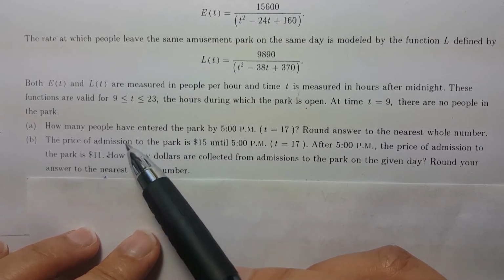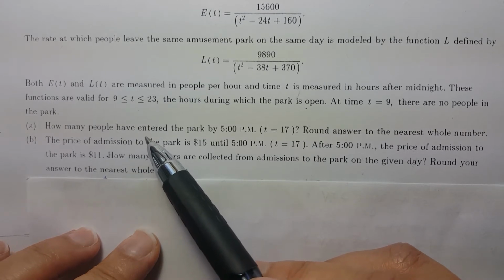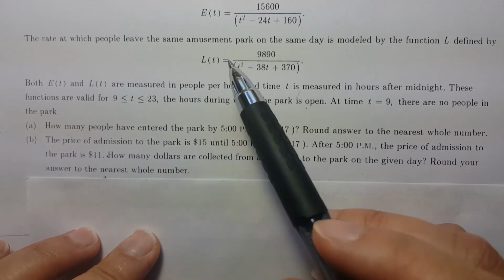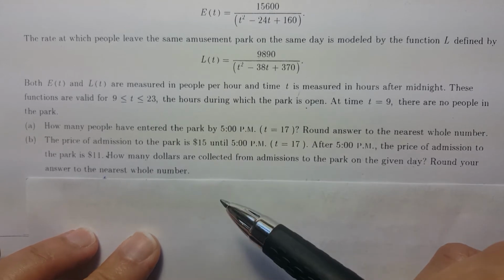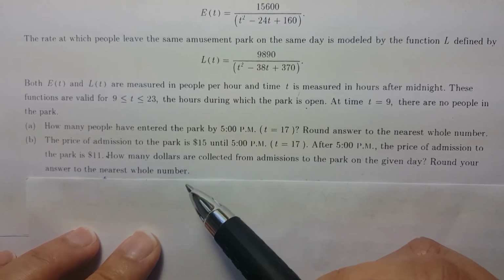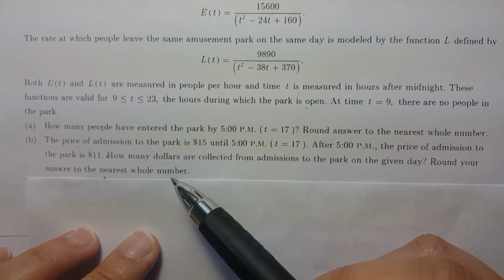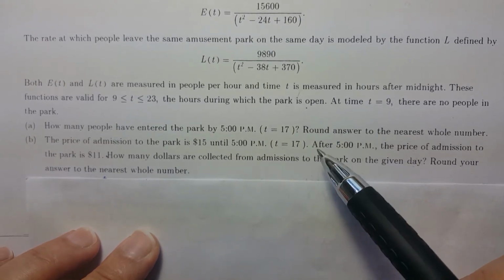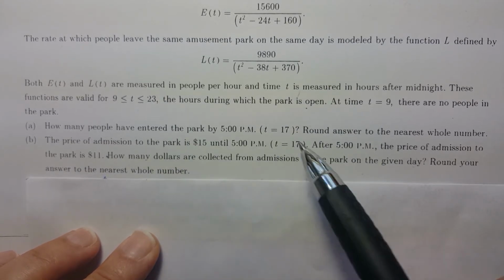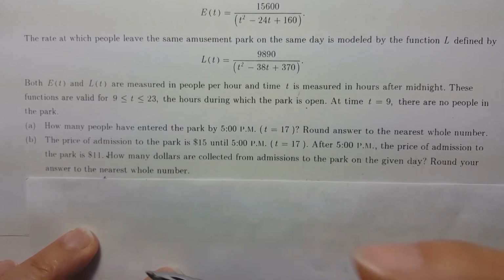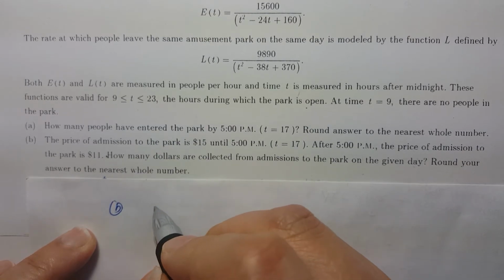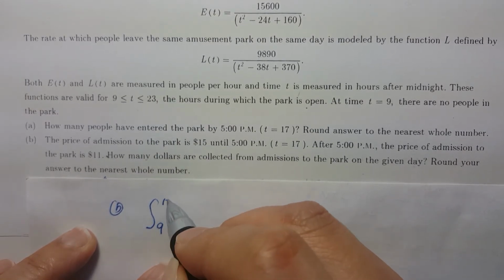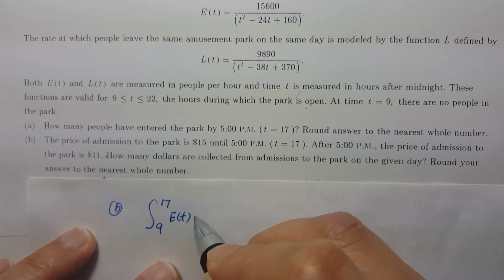So as we figured in part A, if you want to find the number of people, you do the integral of E of t. Therefore, we're going to use two integrals. One for the number of people who enter the park until 5 o'clock, t equals 17, and another integral to find the number of people who enter from 17 to the end of the day. So we're going to do the integral from 9 to 17 of E of t dt.